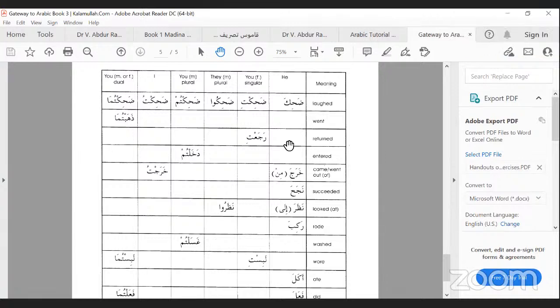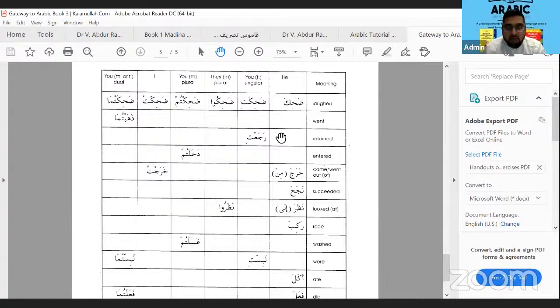The T has to be removed because the T is the sign of you, one female, and the ayn has to be put a fatha. So if you put a fatha on the ayn and drop the T, it becomes what?